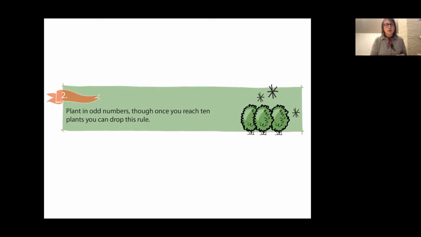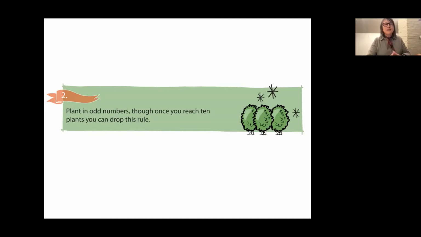But in general, it's nice to plant in odd numbers. Now, this only really relates to lower numbers. So for plants from like 3 to 7-ish, you can do odd numbers. But once you get over 7, 8, 9, 10, your eye doesn't see it as odd numbers or even numbers anymore. So it's really just for the lower numbers that it's important.